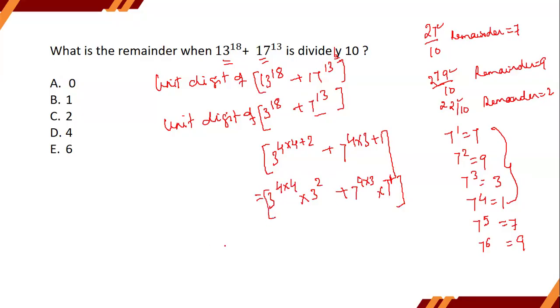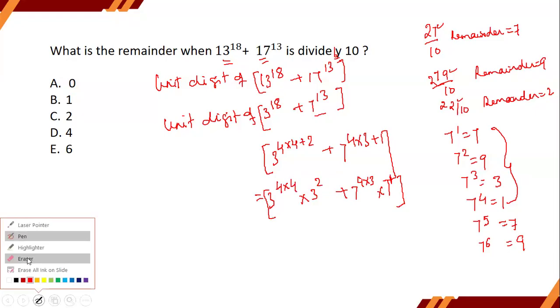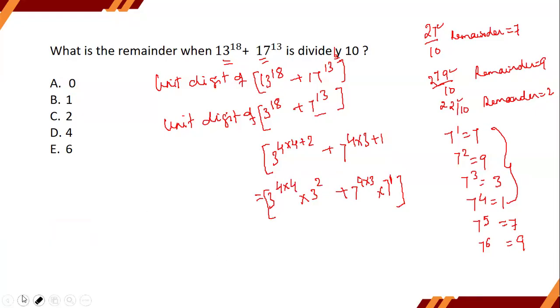Here the unit digit for every 4th term in the case of 3 is 1, so 1 into 9. And the unit digit for every 4th term for 7 is again 1, so that means this is 1 into 7 power of 1, that is 7.